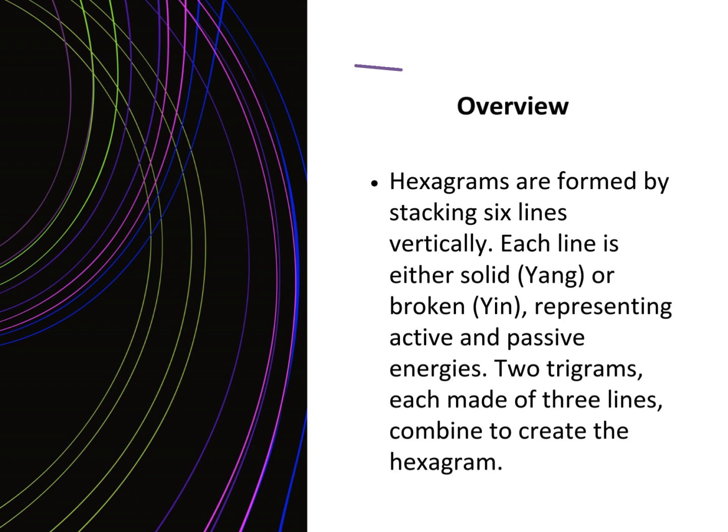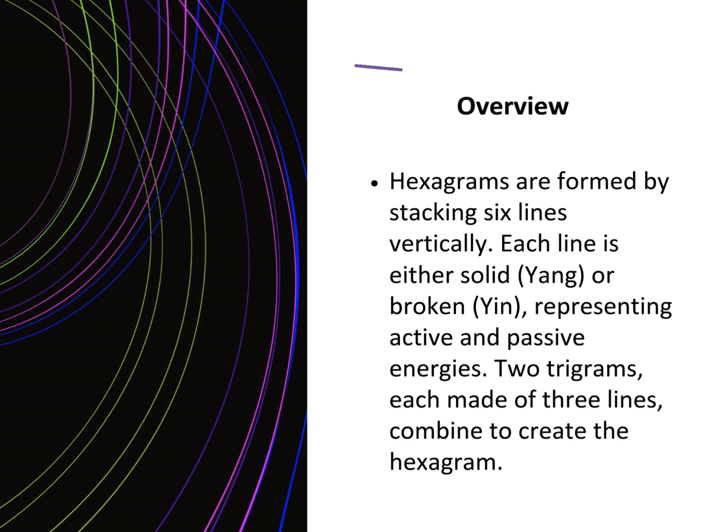Now, look at the overview. Hexagrams are formed by stacking six lines vertically. Each line is either solid or broken, representing active and passive energies.